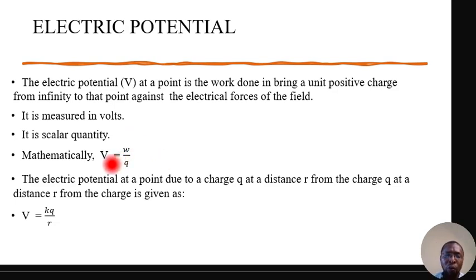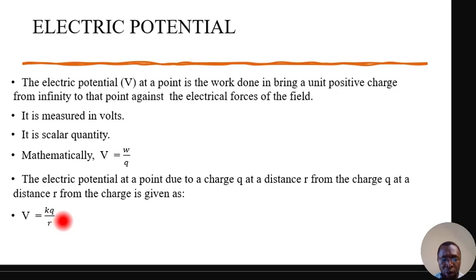So by formula, V, which is the electric potential, is equal to what? Work done all over charge, from the definition. Another way of defining electric potential is that the electric potential at a point due to a charge at a distance r from that charge is given as KQ over R. That's another formula for electric potential.